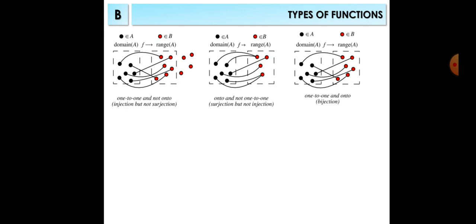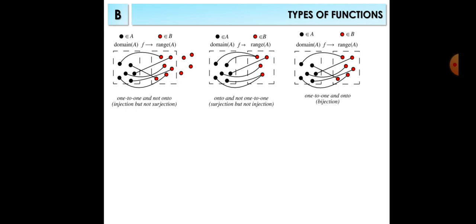Now from the first diagram, from the first type of function, we can see that elements of the domain are related to only one element of the range. So it will be a function, and they are related to distinct images, so distinct elements, so it will be 1-1, but it is not onto. Why is it not onto?